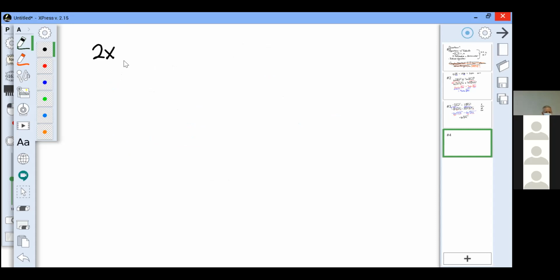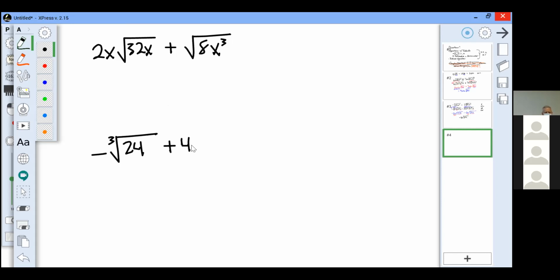So 2x square roots of 32x plus the square root of 8x cubed. So we'll do a square root. And then how about the negative cubed root of 24 plus 4 cubed roots of 81. This one doesn't even have any variables, just has numeric values.